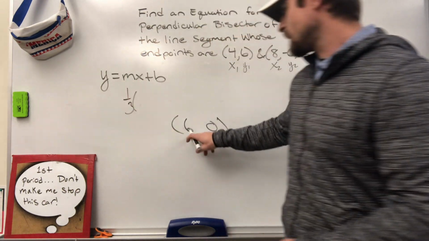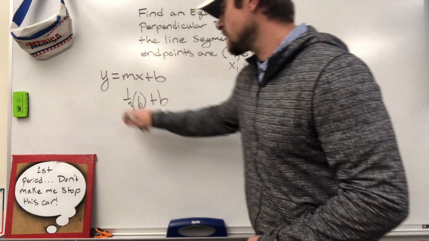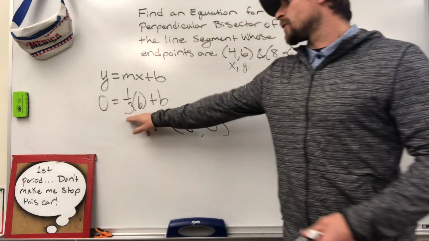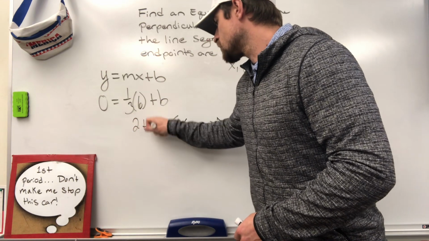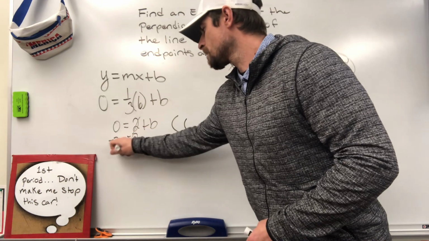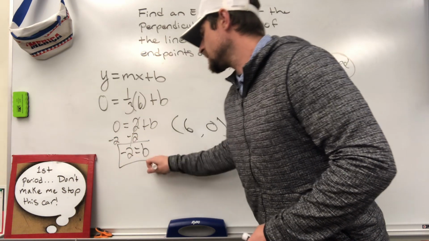I'm going to multiply that by my x value of 6 plus an unknown value b is equal to 0. 1/3 times 6 gives me 6/3, which is really just a 2. 2 plus b equals 0. Take the 2 away, leaving you with negative 2 is what b needs to be.